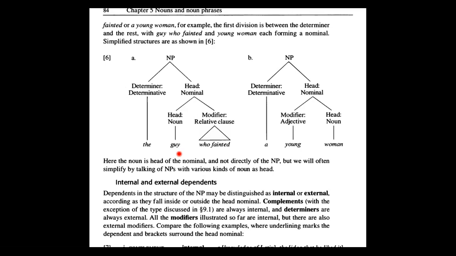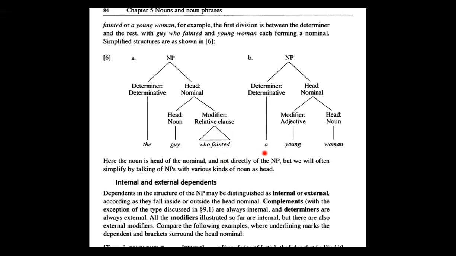For example, the who fainted, we don't understand anything. That's why we call it the head. Here we have who fainted, which we call a relative clause or subordinate clause, the same thing, since in this book we mentioned subordinators. We use subordinators like who, with the verb fainted.